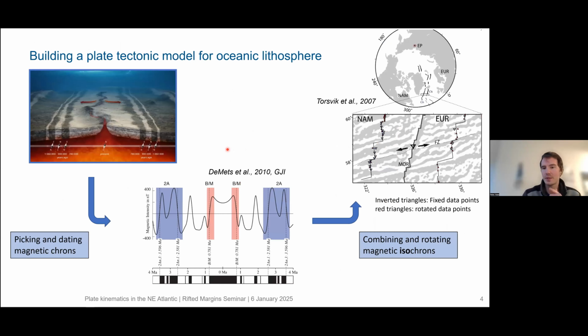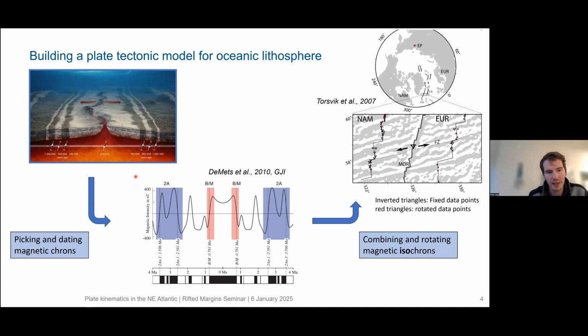So how can we construct such a plate tectonic model? First, it makes sense to investigate the younger tectonic history, and then we need to have a look into oceanic lithosphere. This is a general sketch over here, where we have the typical features of oceanic lithosphere, so magnetic stripe patterns, which are caused by polarity reversals, as indicated here.